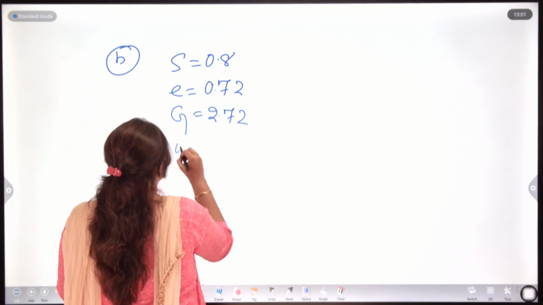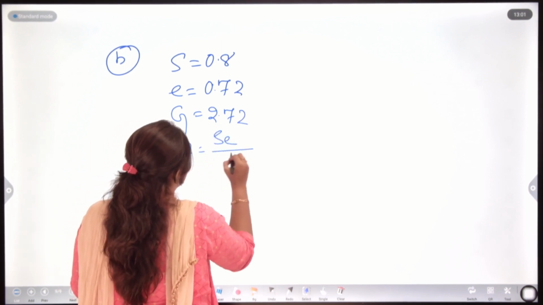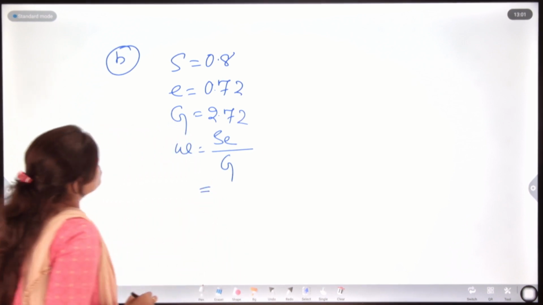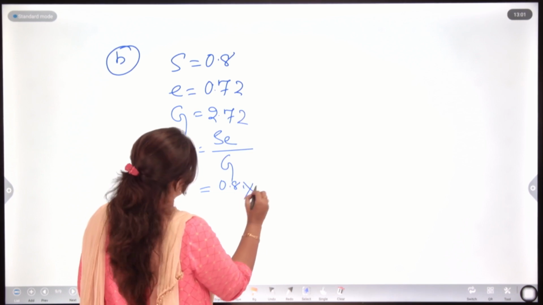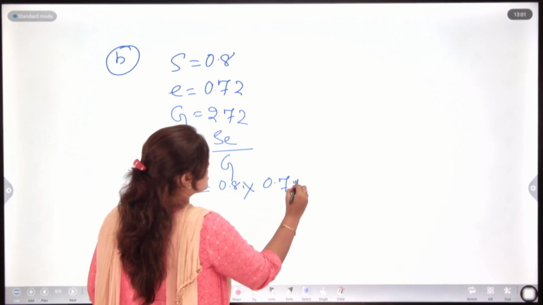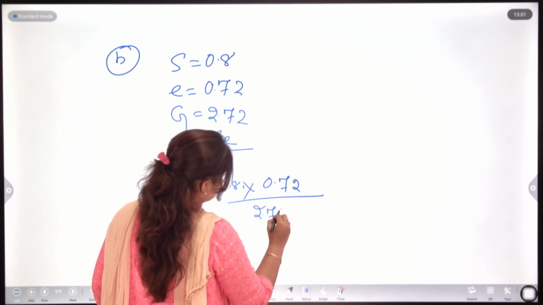From this we can calculate w, since Se equals wG, so w will be S times e upon G. So w will be 0.8 multiplied with 0.72 upon 2.72.